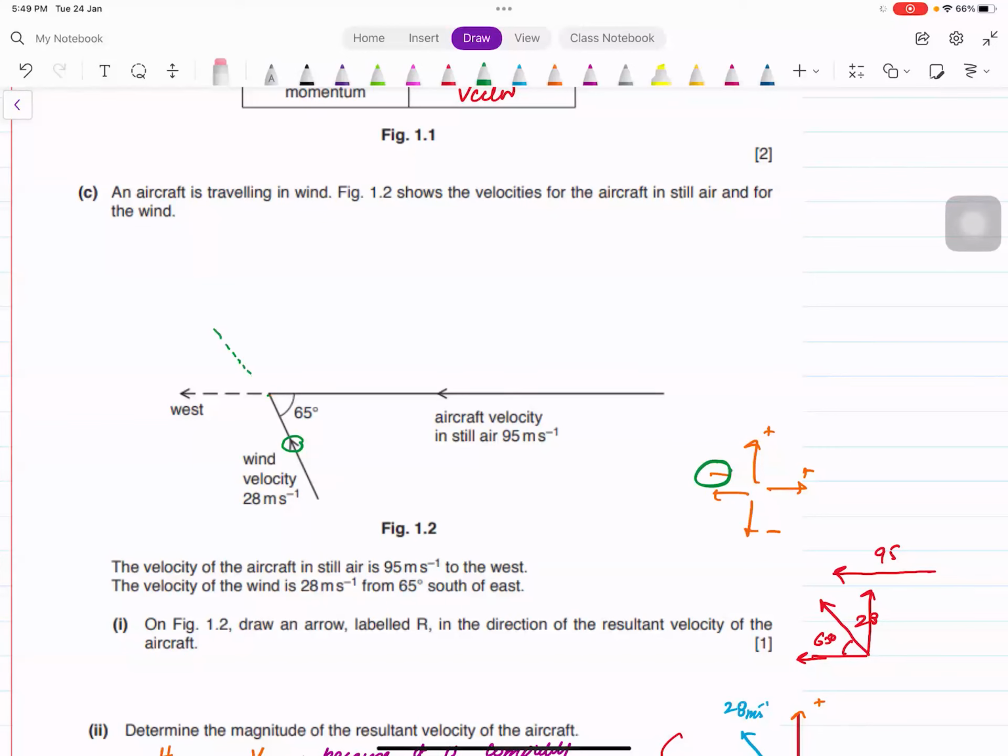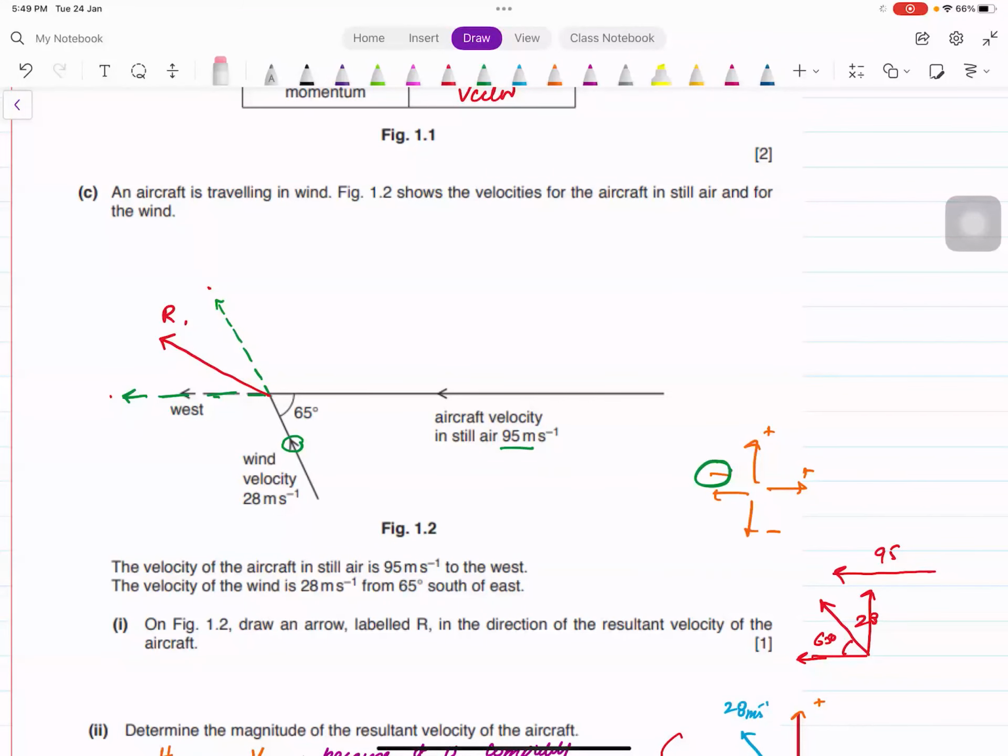You agree? Let me just draw it nicely. And the aircraft velocity in still air is basically pushing it to this side. So if there are two vectors, one on this side, one on this side, where would the aircraft go? Somewhere in the middle, right? So that has to be the resultant then.